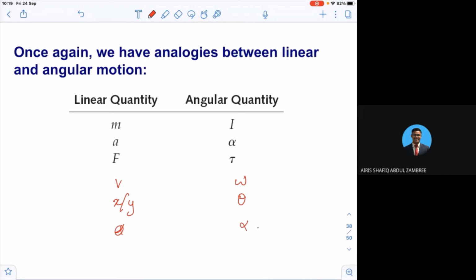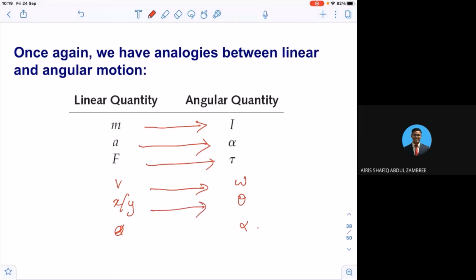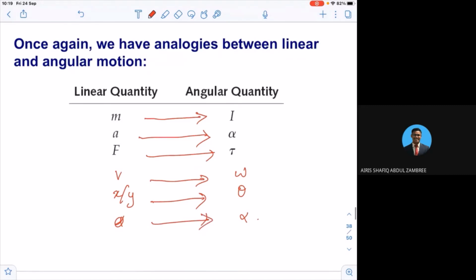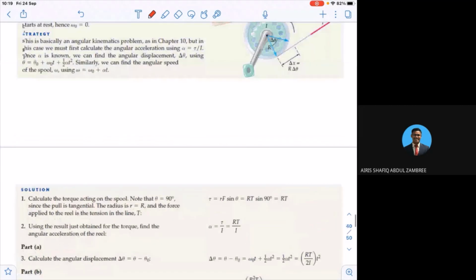But in today's analogies, we learn that mass can be compared to moment of inertia, a to alpha, and force to torque. So from the previous lesson, v to omega, x or y to theta, and a to alpha are comparable.